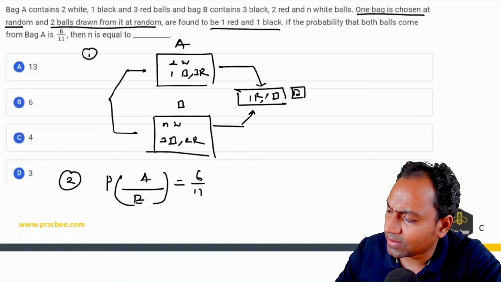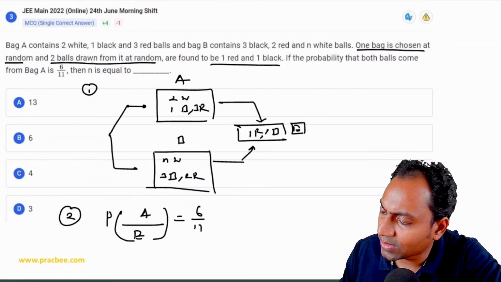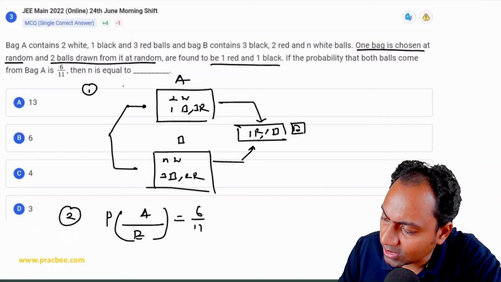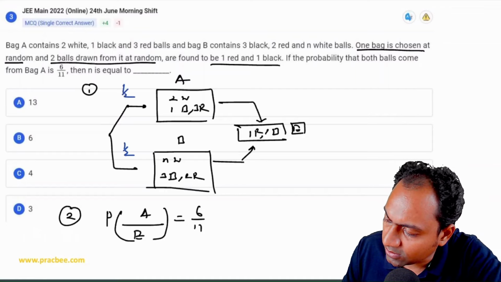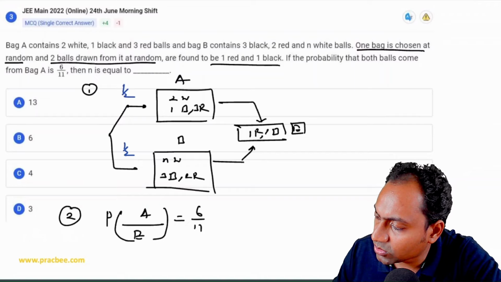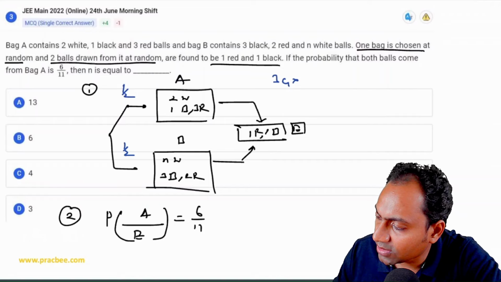Now it is very simple. If I calculate the probability corresponding to this first branch, they have not given any kind of preference of choosing from bag A and B. Both can be chosen randomly. So this can be considered 1 by 2, and this can be considered 1 by 2. If I want to choose a red ball and 1 black ball from bag A, what is the probability? The red ball can be chosen in 3C1 ways, and the black ball can be chosen in only one way.